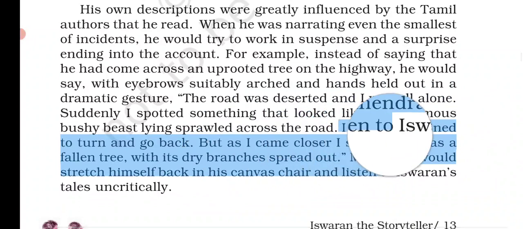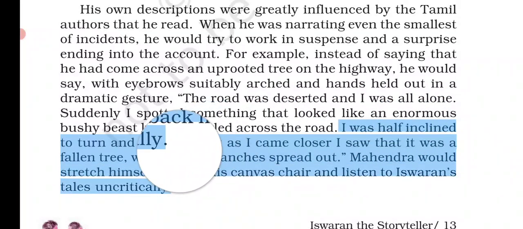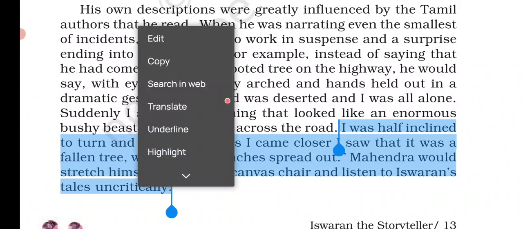Mahendra would stretch himself back in his canvas chair and listen to Ishwaran's tales uncritically, right? And that's how he ends his suspense. All of a sudden he saw a huge beast lying across the road. And when he went ahead, his mind was telling him not to go there because it could be dangerous. And the moment he reached close, he saw that it was no beast, it was just a tree that had fallen.